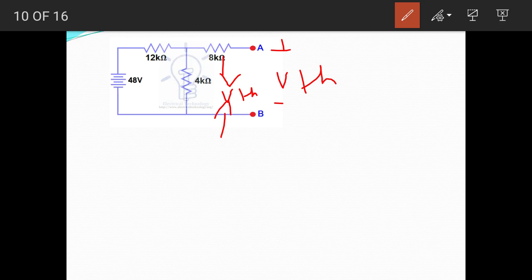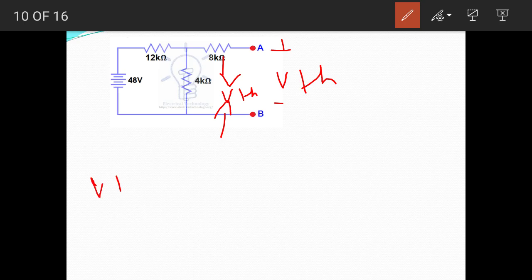Now we apply the voltage division rule. The voltage division rule states that if two resistors are connected in series and we have to divide voltage V, then for the resistance of a branch we write the resistance of that branch divided by the total resistance, into the total voltage.